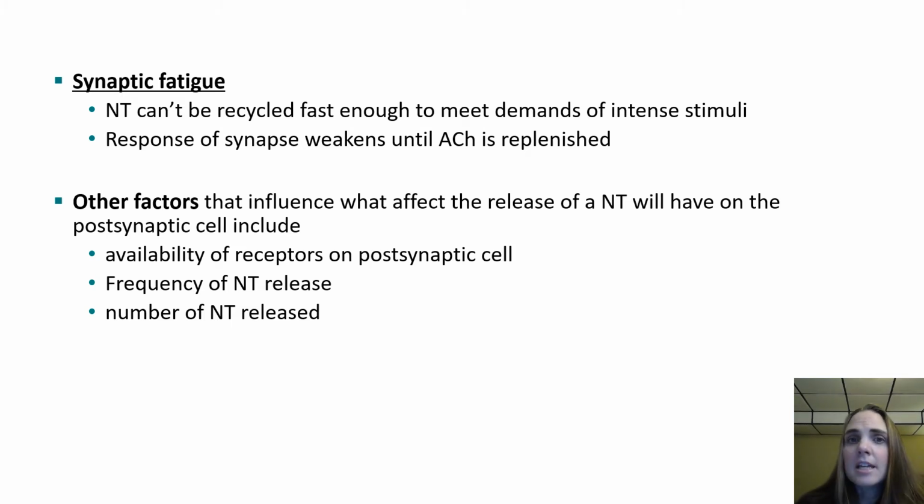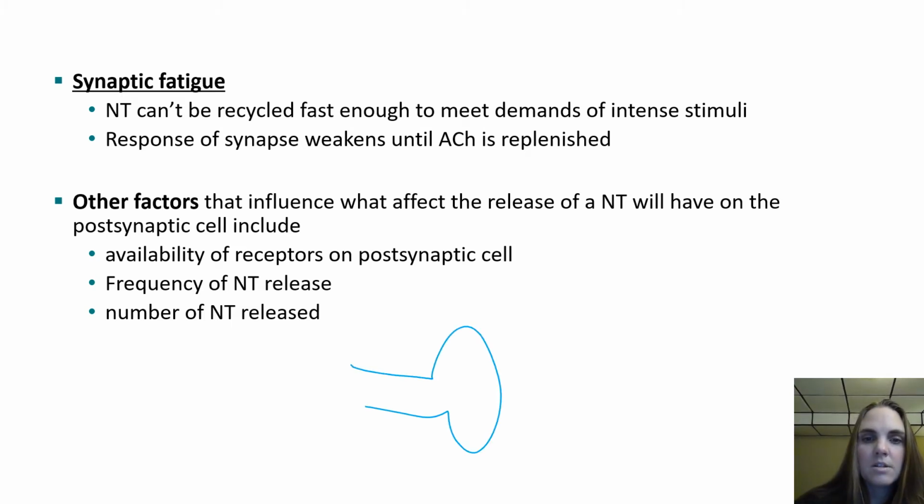Other factors that can influence what effect the release of a neurotransmitter will have on that postsynaptic cell are going to include the availability of receptors on the postsynaptic cell. So if our axon terminal, here's our postsynaptic cell.